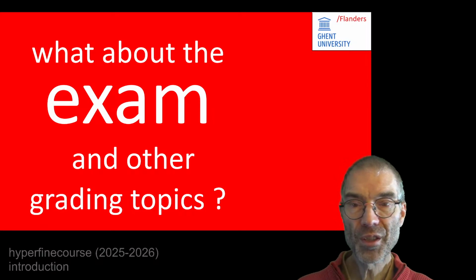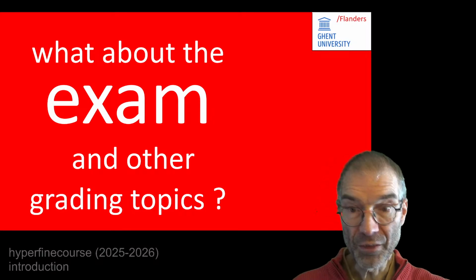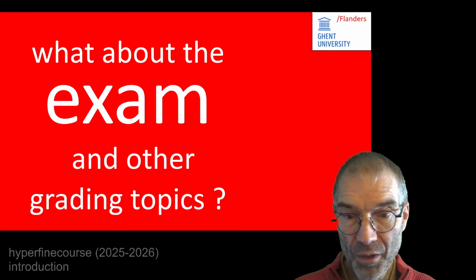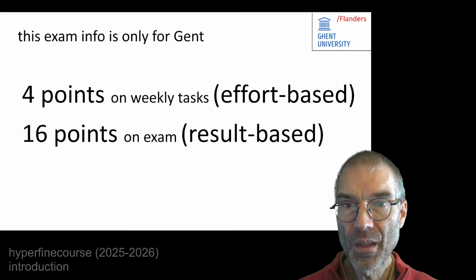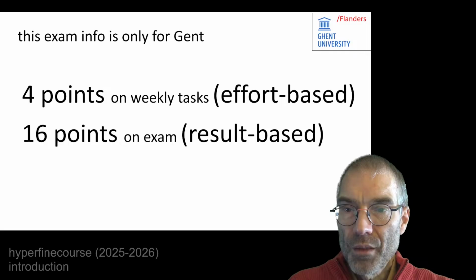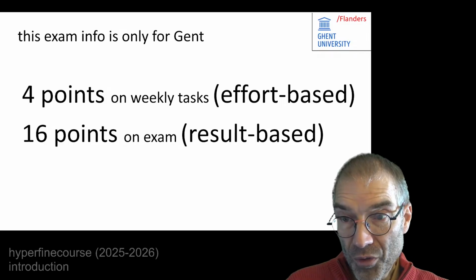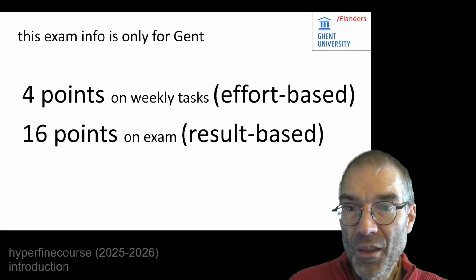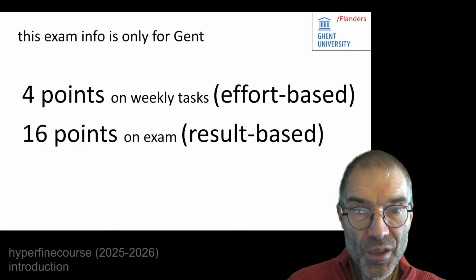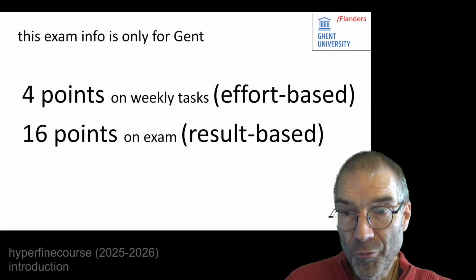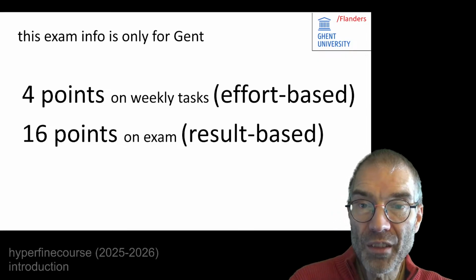So first, the exam for Ghent University and for people from any Flemish university. Exams here are on 20 points, and 4 of these points you already have. So right now, at this moment, each of you has 4 out of 20 already secured.